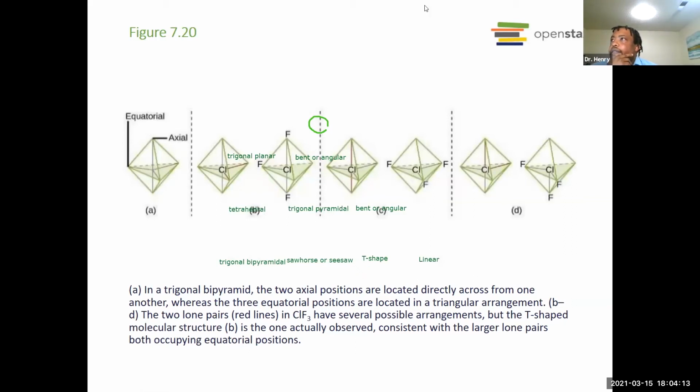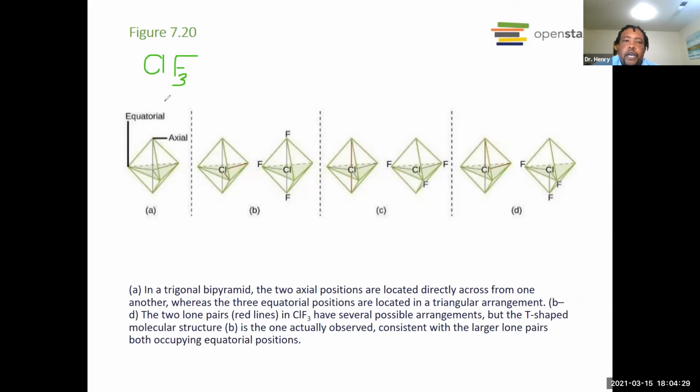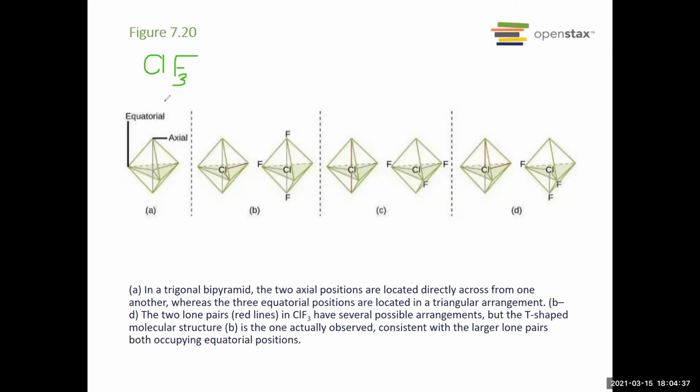So here we have ClF3. Okay. So what does the Lewis dot structure look like for this? Who's going to be in the center?